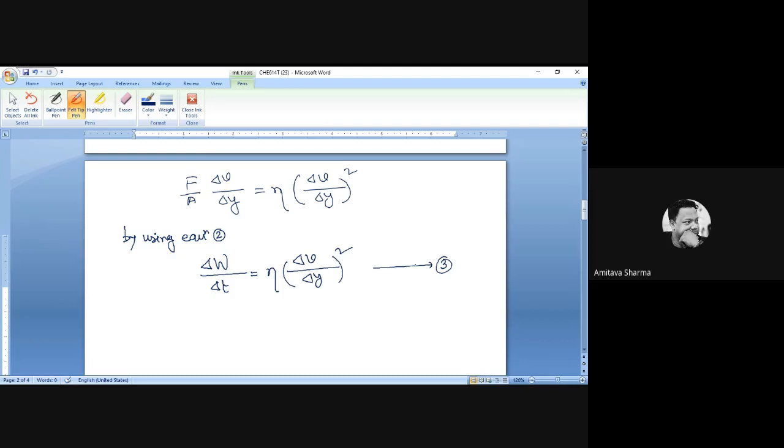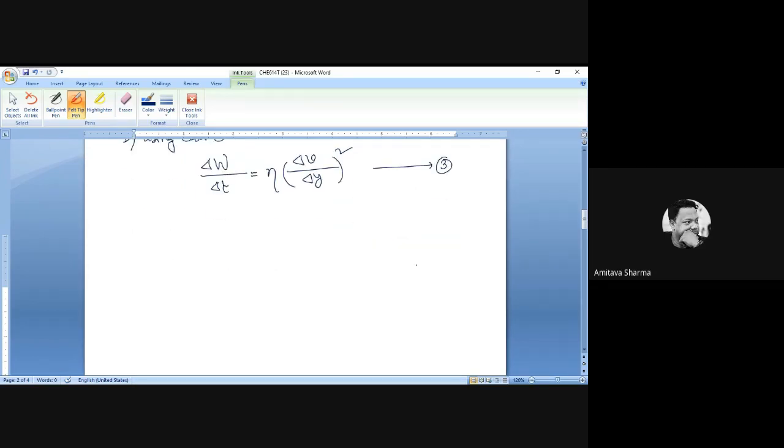Now equation 1 and equation 3, this is the important part.